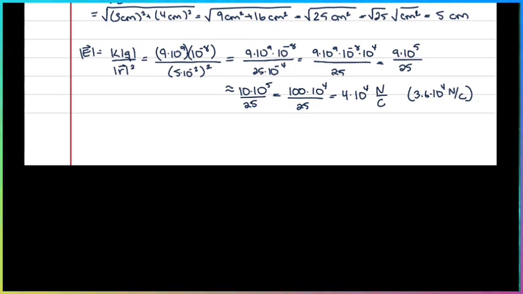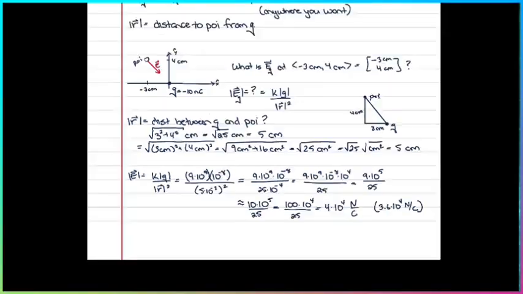Now we have to ask, what about the direction in this case? Well, if I want to just think geometrically, which is a perfectly fine way to do things, there's Q, there's my point of interest. Then I know that this is 4, this is negative 3.